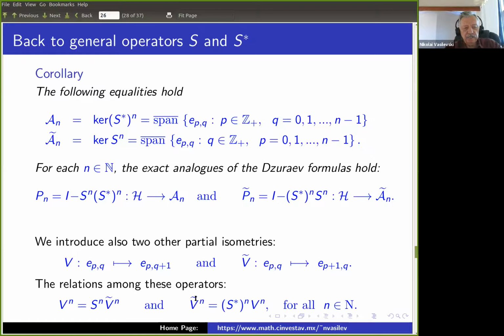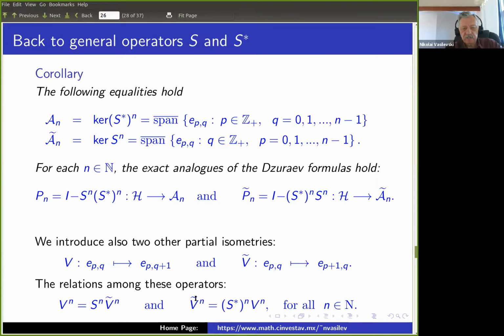the following coordinate description: an analytic function is in the kernel of the power n of the operator S star, and an anti-analytic function is in the kernel of the operator S, the span of these elements of the basis.